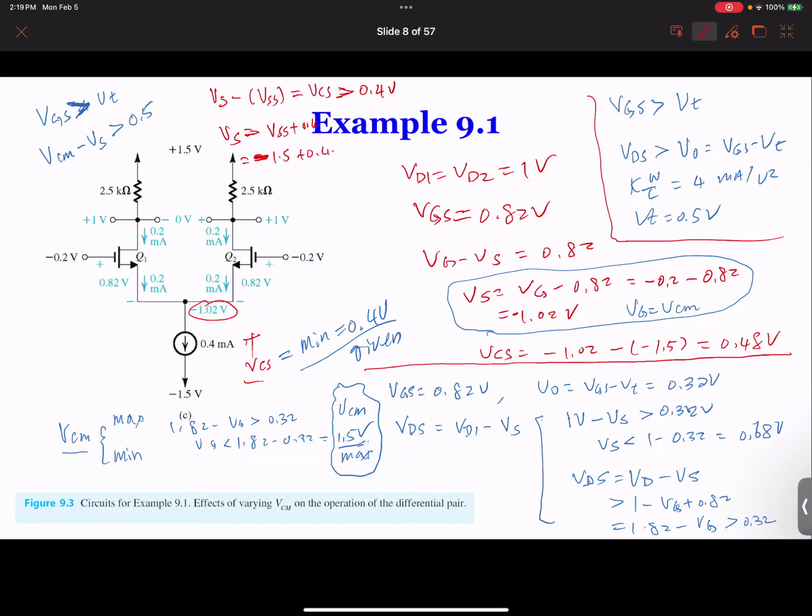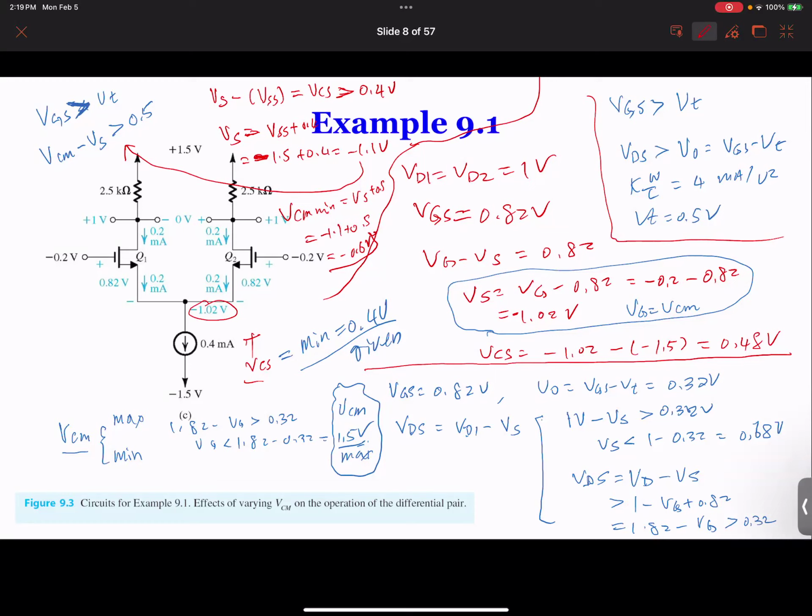That gives you minus 1.1 volt. So we plug this one back into here. We got our VCM minimum equal to Vs plus 0.5. Vs is now minus 1.1 plus 0.5. That gives you minus 0.6 volts. So this is going to make sure that the thing is not going to be in cutoff.